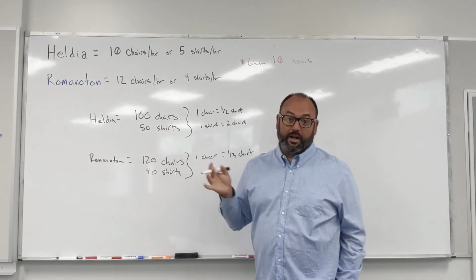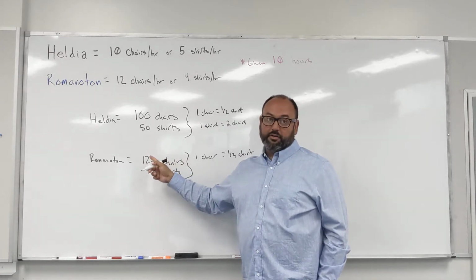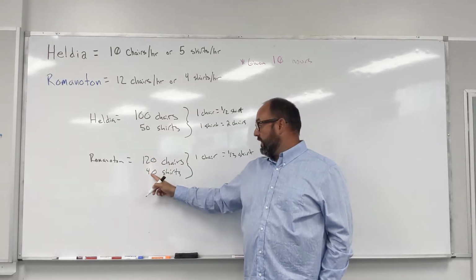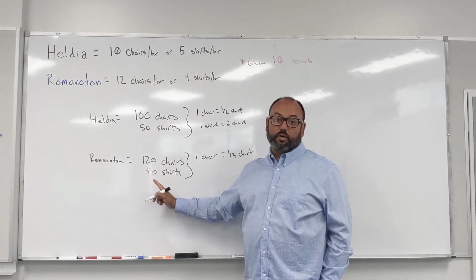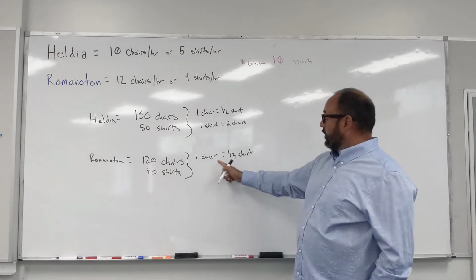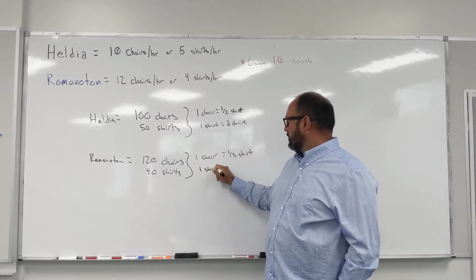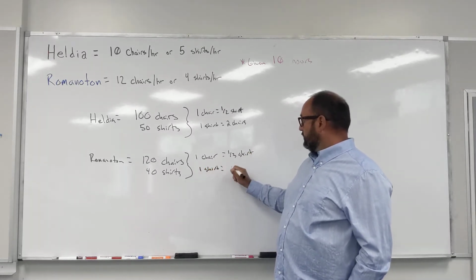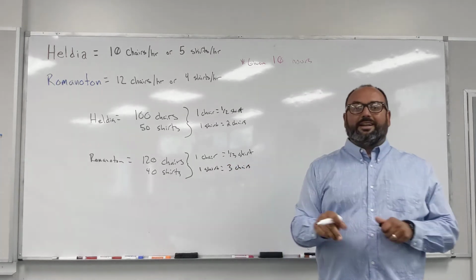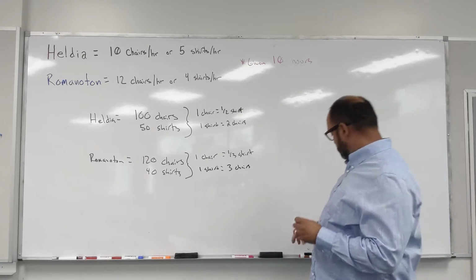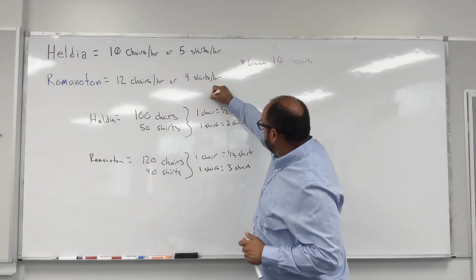Well, you can either subtract 119, which does us no good, or you divide it by 120, and you keep the ratio by dividing 40 by 120, and you simplify 40 over 120 into 1/3. So one chair is equal to 1/3 of a shirt, while 1 shirt is equal to 3 chairs.